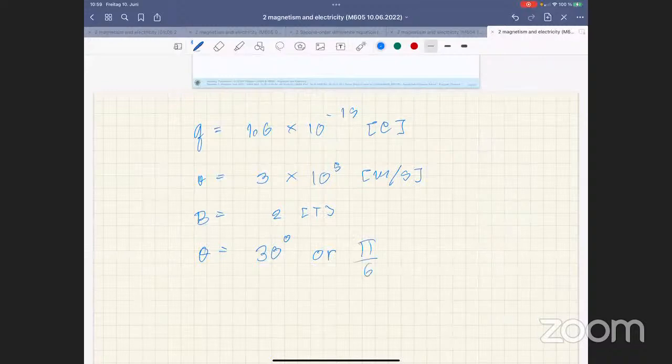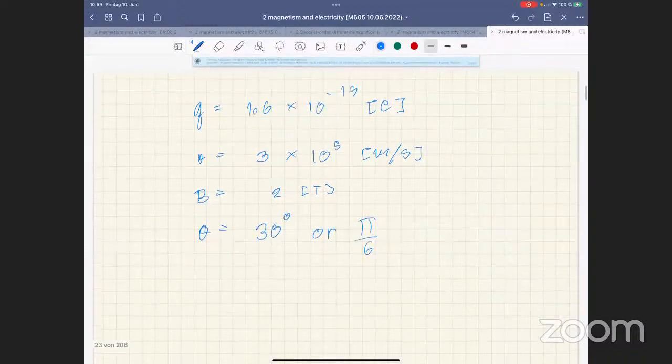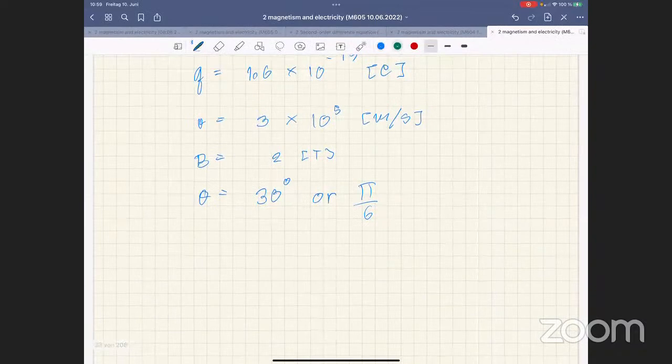by 6, right? So let's substitute all of these into the basic formula, F = QVB sin theta.